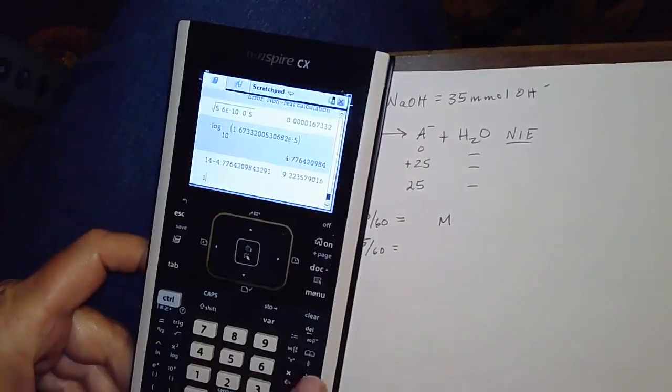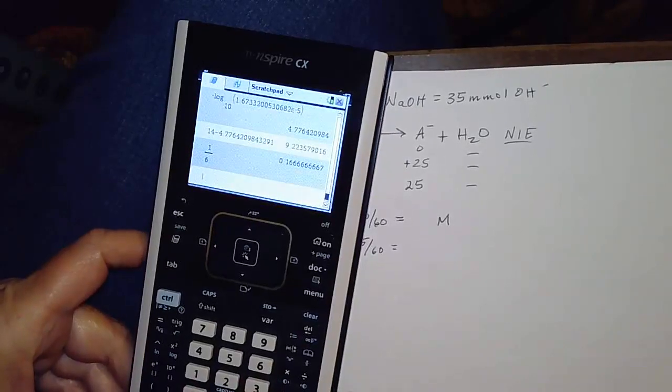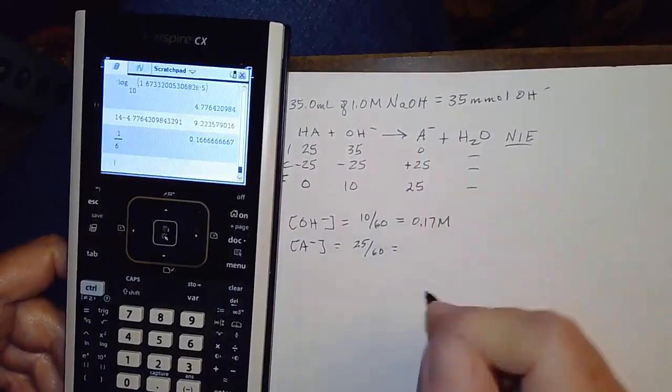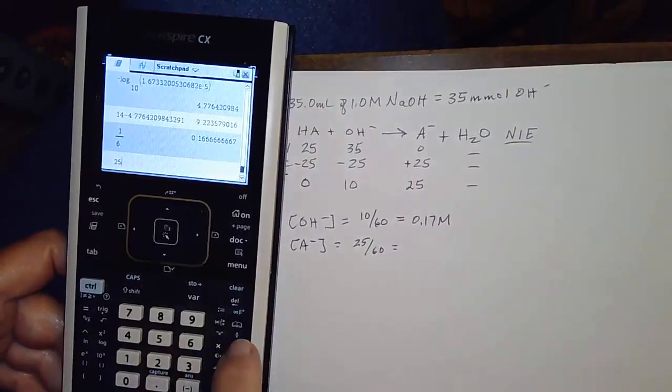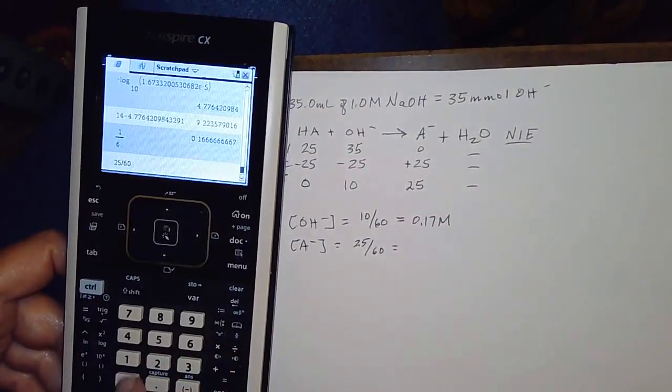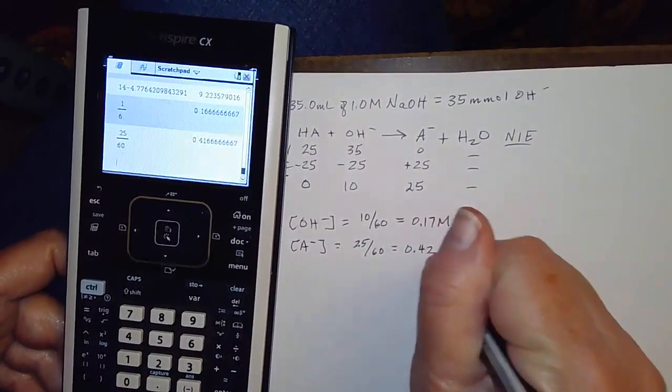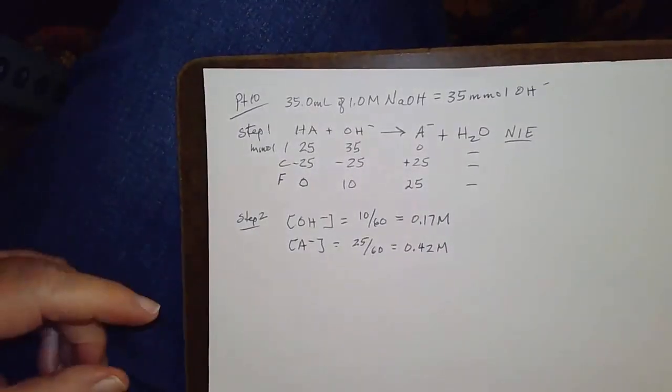So we have 1 divided by 6, 0.17. And this one, 25 over 60, is 0.42 molar. Okay.